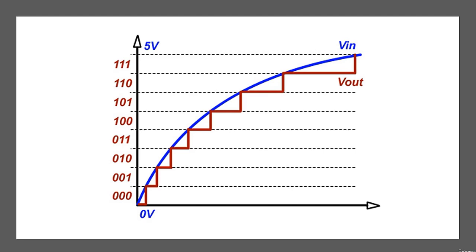As you can see, the job of ADC is to split the minimum and maximum voltage value into equal number of steps. How many steps here? We have 8 steps. Why do we have 8 steps? Because it's a 3-bit ADC. So a 3-bit ADC will convert the entire measuring range into 8 particular steps.